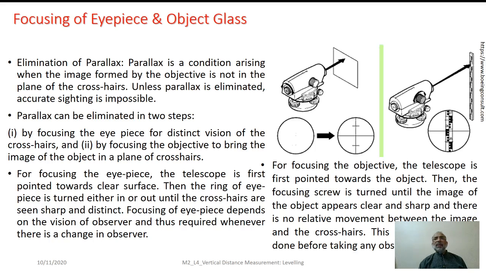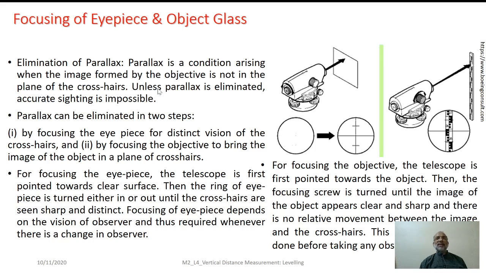Now, the next part is focusing of the eyepiece and object glass. Focusing of the eyepiece and object glass facilitates the elimination of parallax. Parallax is a condition arising when the image formed by the objective is not in the plane of the crosshairs.